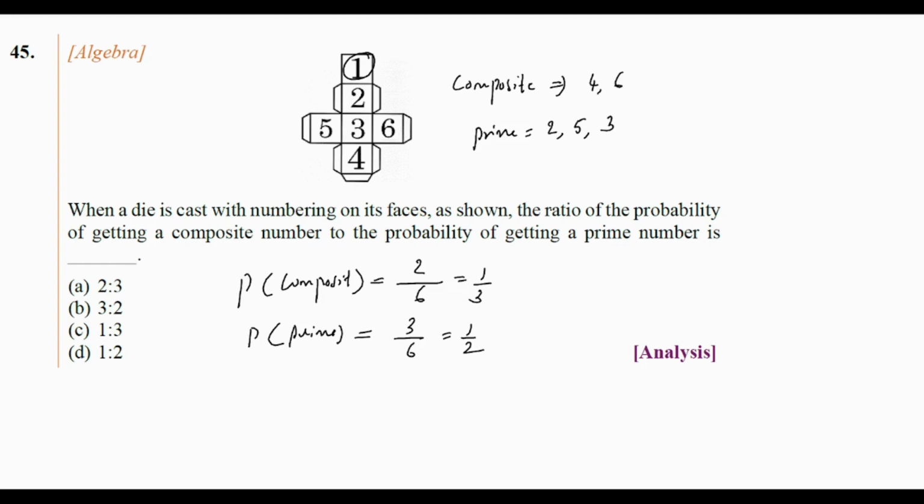The ratio of the probabilities of the composite number and prime number. So 1 by 3 is to 1 by 2. So 1 by 3 divided by 1 by 2, 1 by 3 into 2 by 1, that is nothing but 2 by 3, that is 2 is to 3, which is the right answer. Clear, children? So 2 is to 3 is the first option, the right answer.